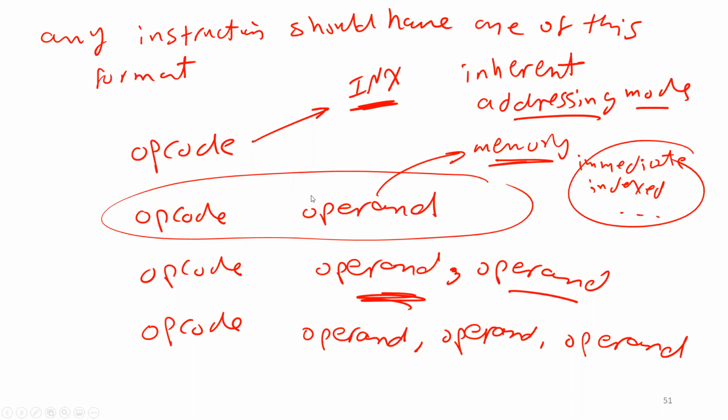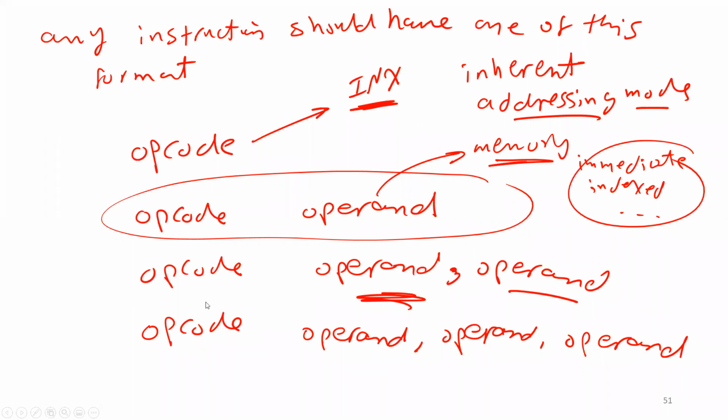The other thing is, some instructions need an opcode and then you have to put one operand. Some instructions need an opcode and then you have to put two operands, separated by a comma.